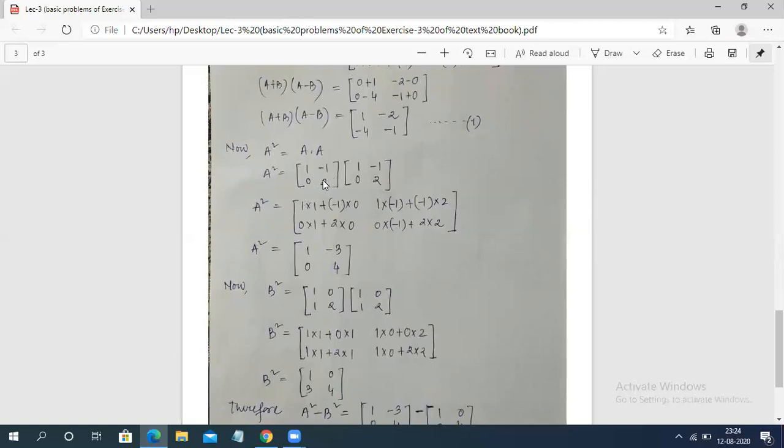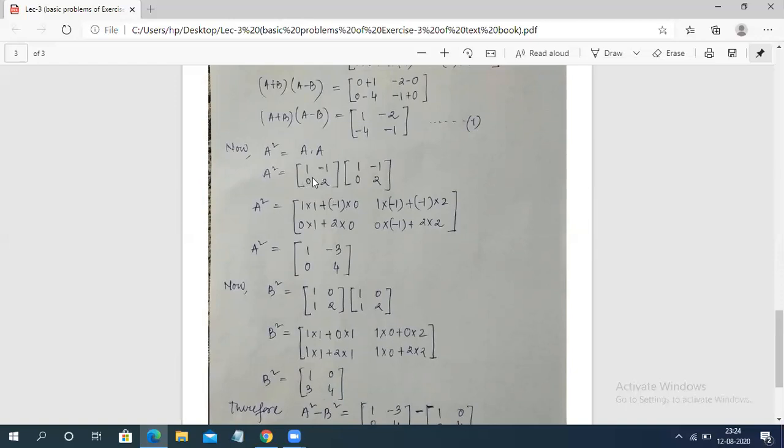Then second row with first column and second row with second column will form the second row of the resultant matrix. That is 1 into 1 plus minus 1 into 0. Then 1 into minus 1 plus minus 1 into 2. This is the second element.